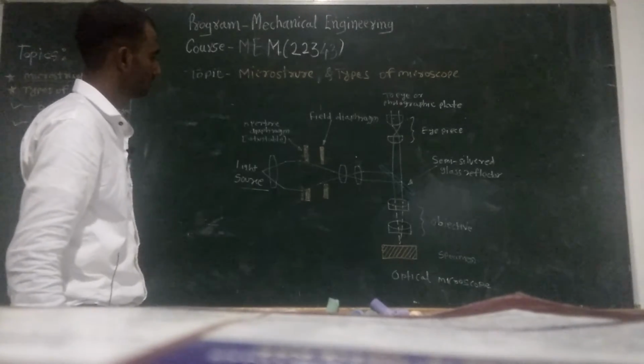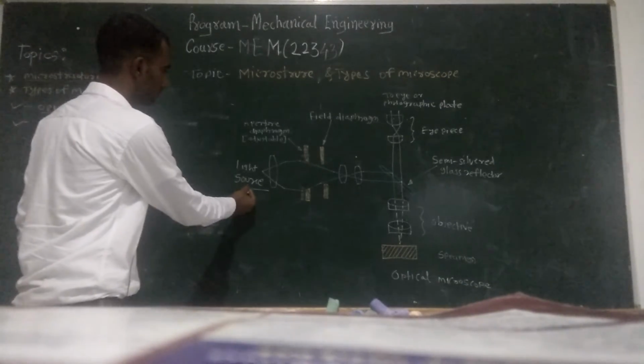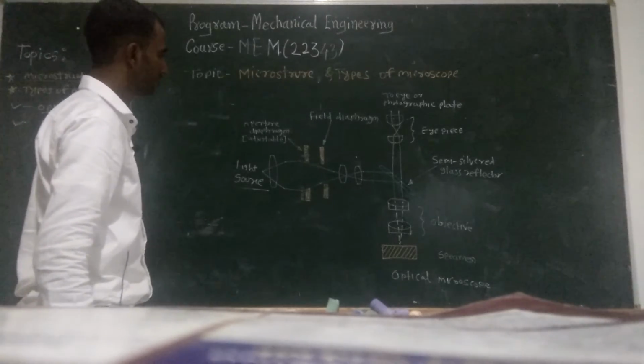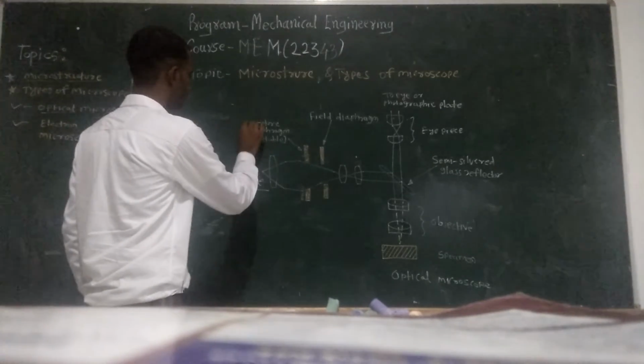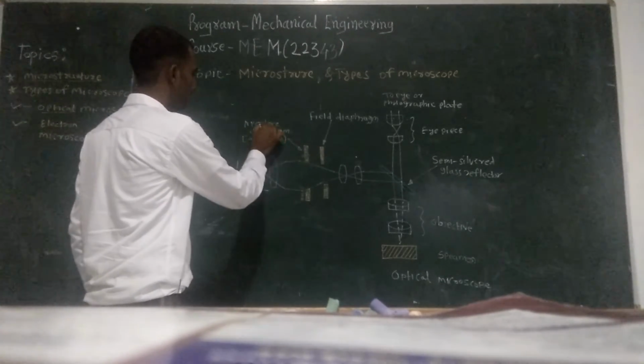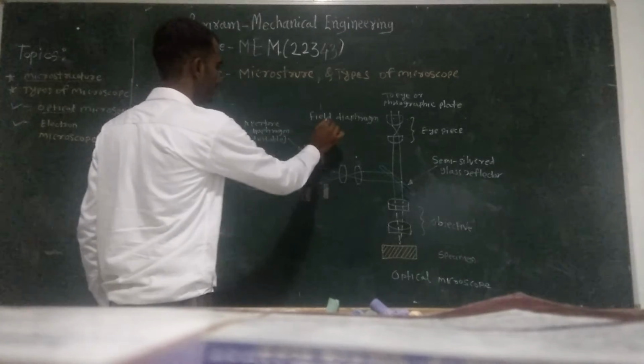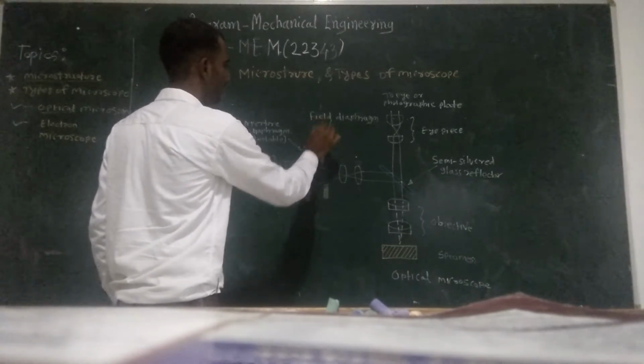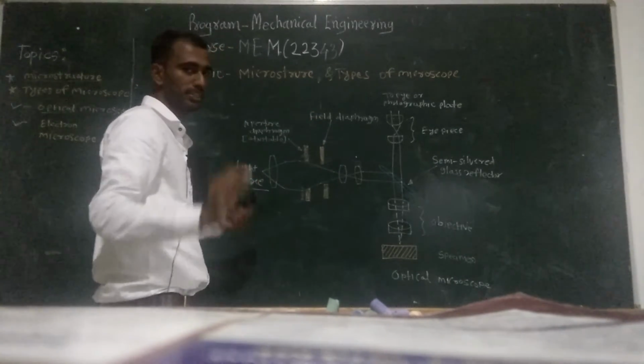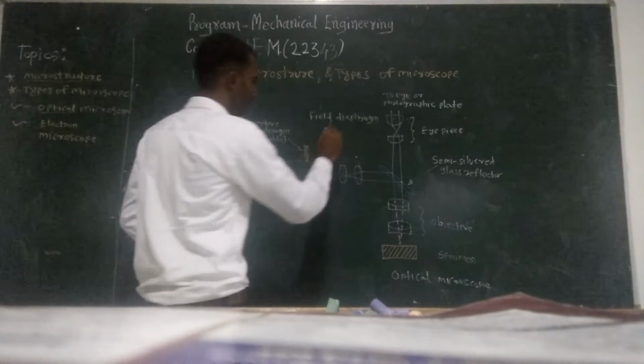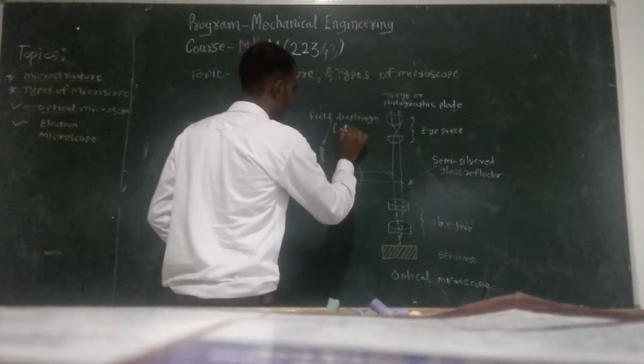It consists of one light source, okay, then it has two diaphragms, one is aperture diaphragm and second one is field diaphragm. Both are adjustable in nature. This is also adjustable.